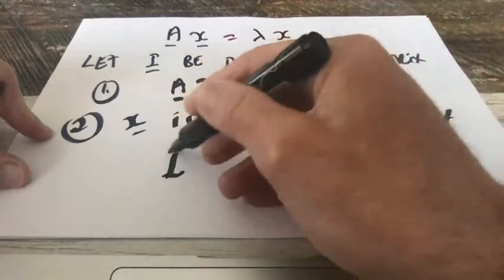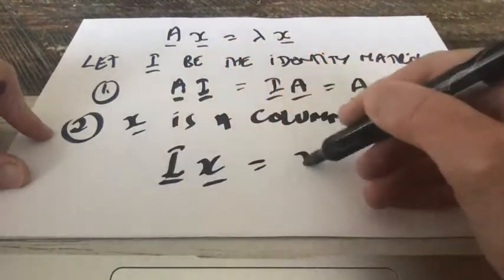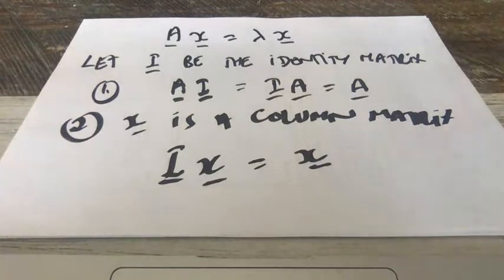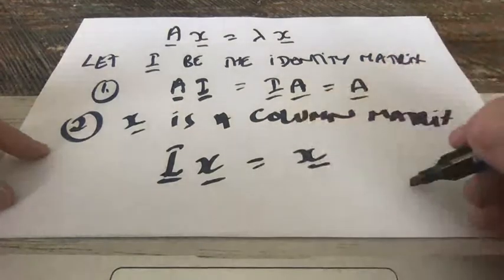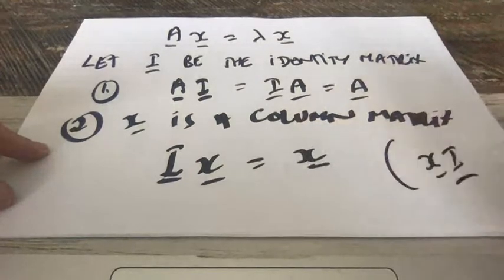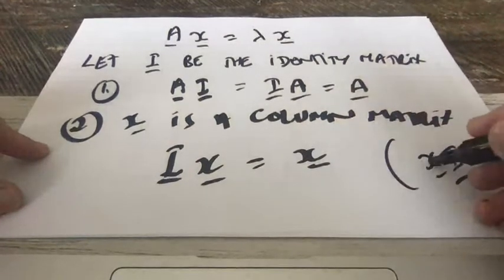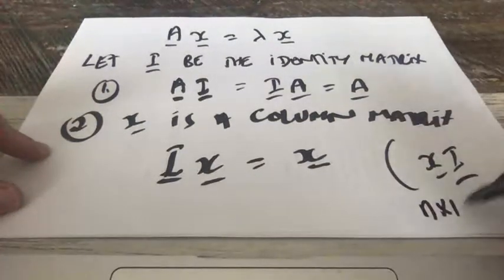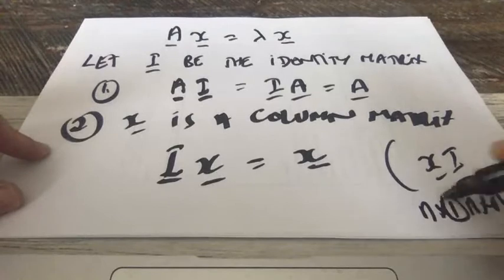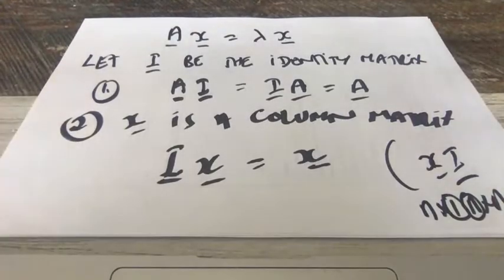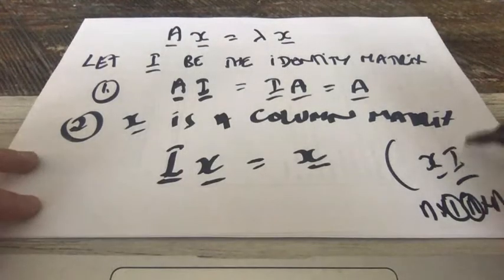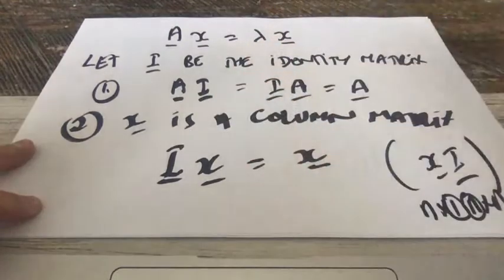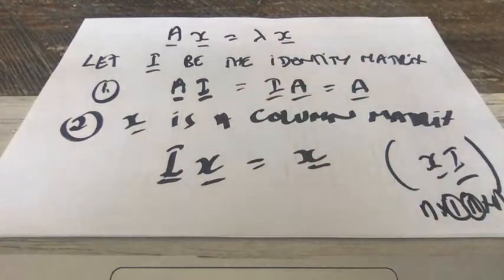If you multiply I by X, you're going to get X. But it doesn't work the other way because you can't do X times I. Let's say this is a column vector with n rows and 1 column, and this is n by n. These two numbers are not the same, so you can't multiply X by I, but you can certainly multiply I by X. And when you multiply I by X, you always just get X. So be a little bit careful.